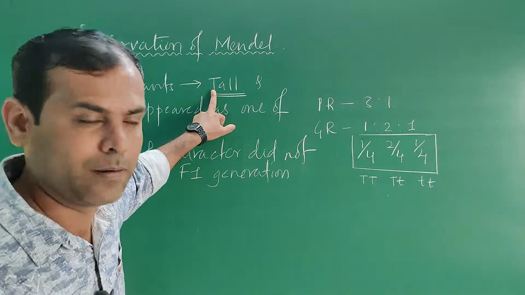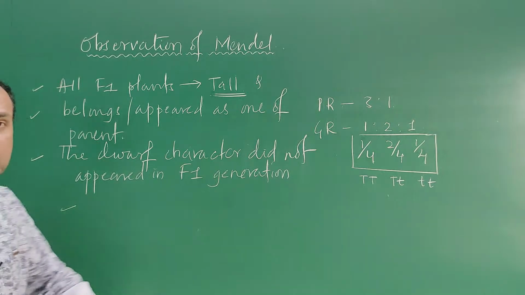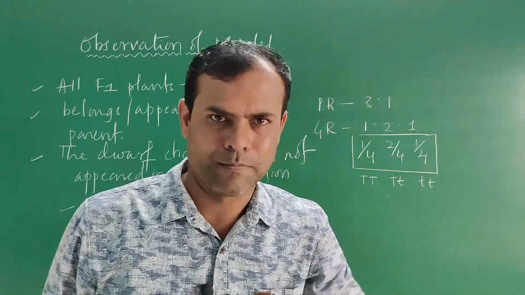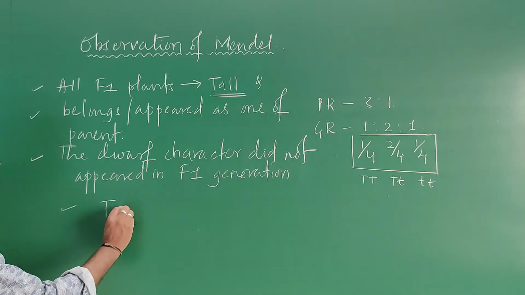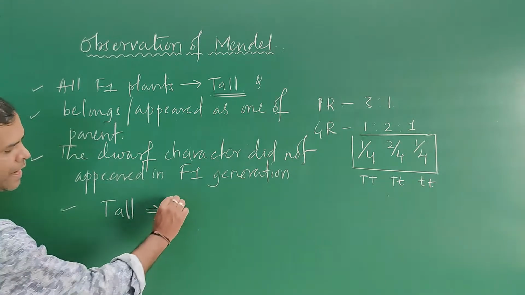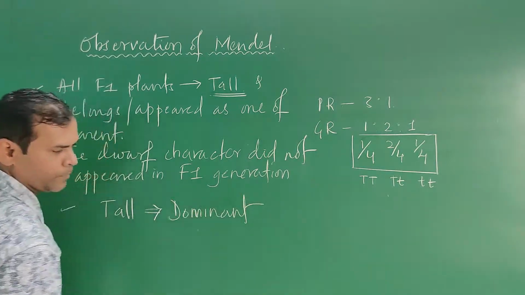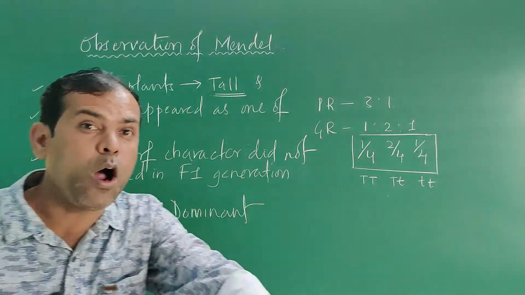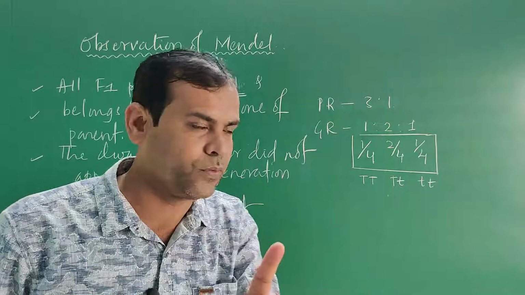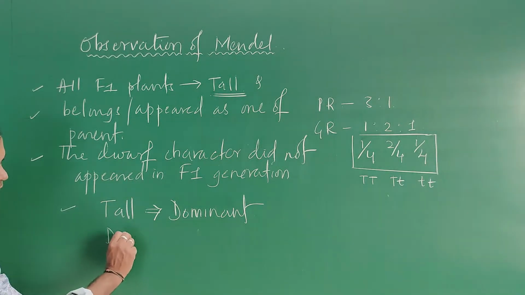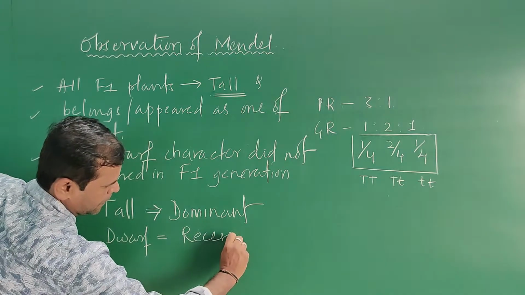Tallness appeared in F1, but dwarfness disappeared. The character which appeared in F1, which character appeared? Tall, am I right? The character which appeared in F1, that is tall, we call it as dominant character. And the character which did not appear in F1, which character did not appear? Dwarf. So he called dwarf as recessive character.